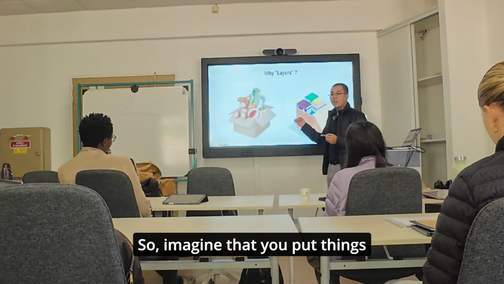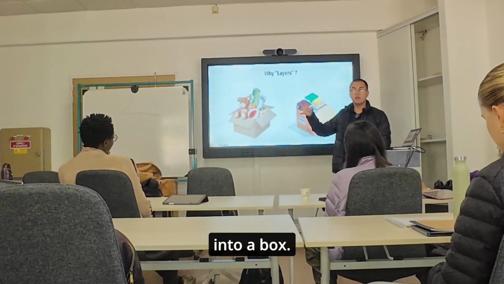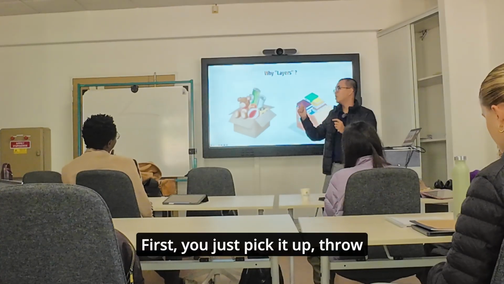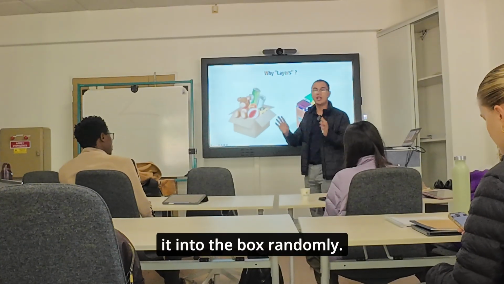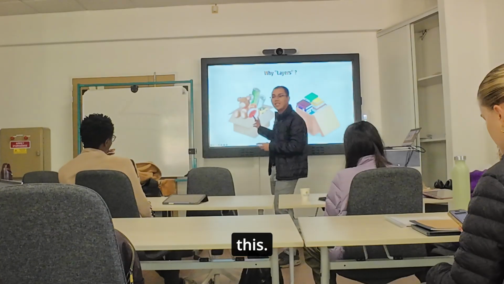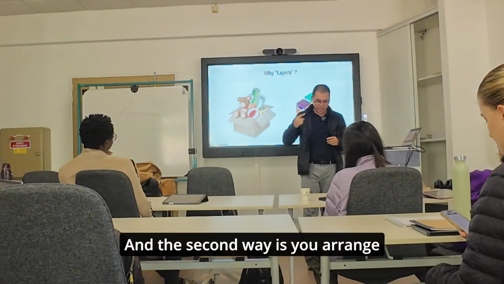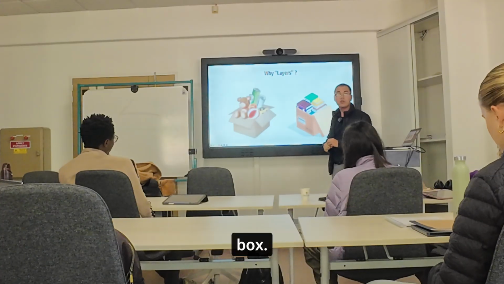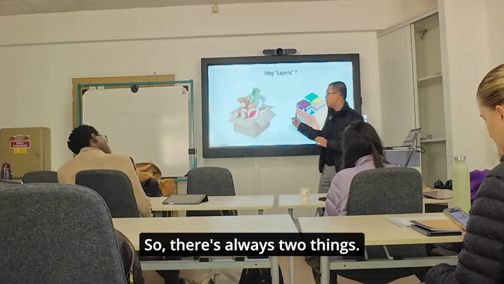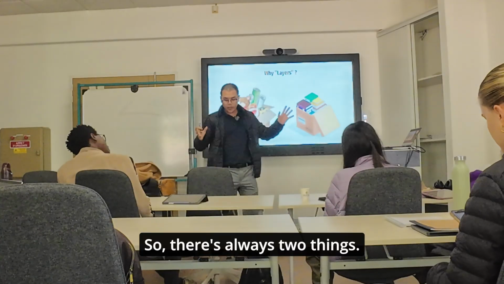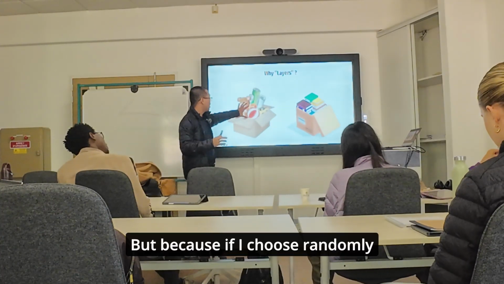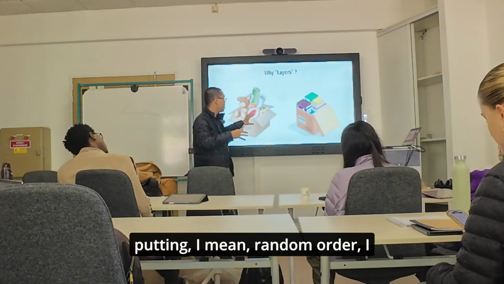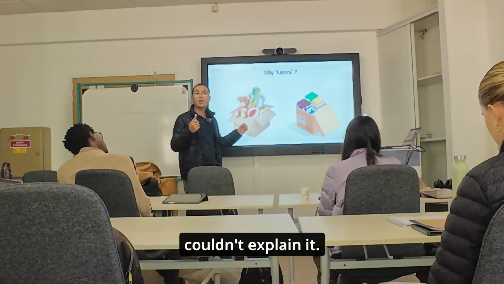Imagine that you put things into a box. There are always two ways of putting things into a box. First, you just pick it up and throw it into the box randomly. That would be a mess like this. The second way is you arrange it, and then you put it into the box. That would always be layers. If I choose a random order, I couldn't explain it.